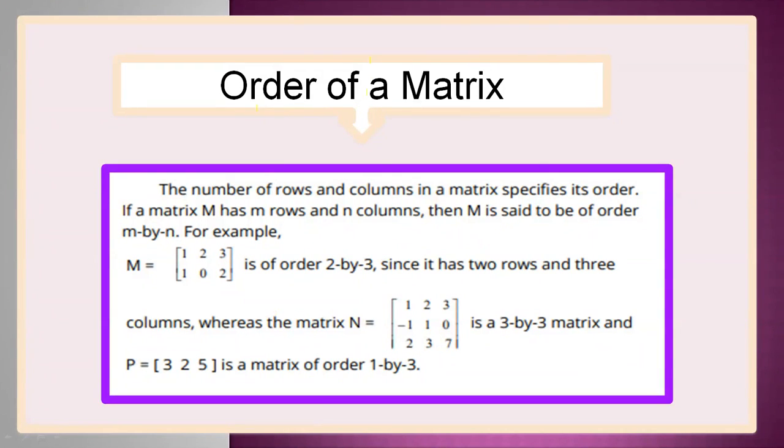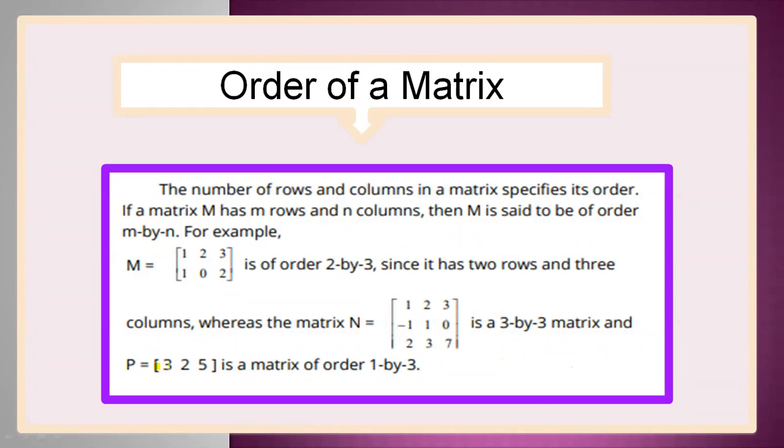Take the number of rows and columns. How many rows do I have? 3 rows. How many columns? 3 columns. So my order will be a 3 by 3 matrix, because 3 rows and 3 columns. So it's a 3 by 3 matrix.